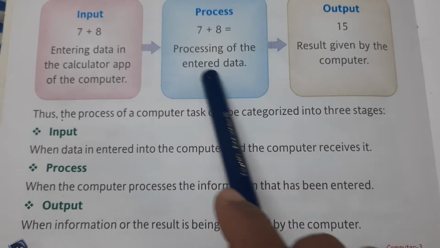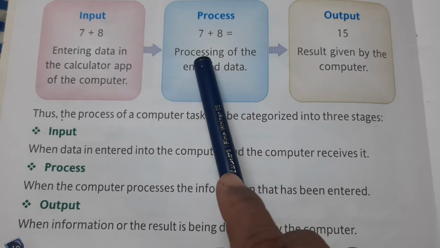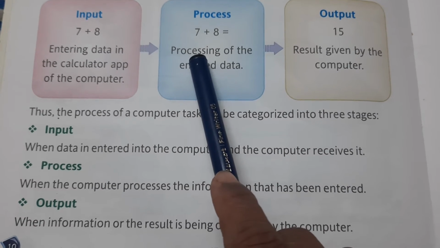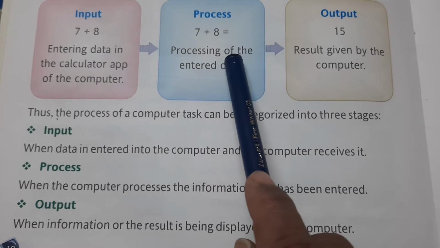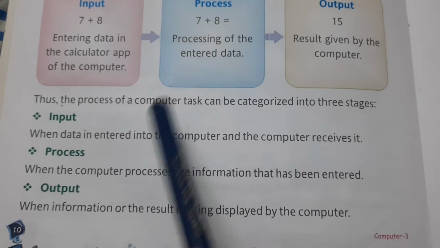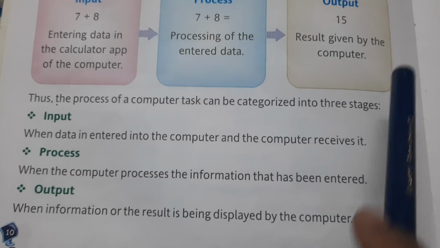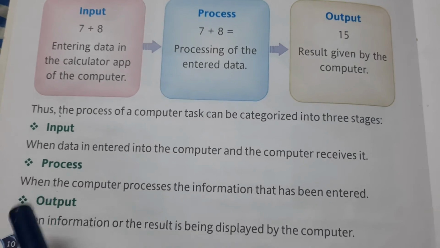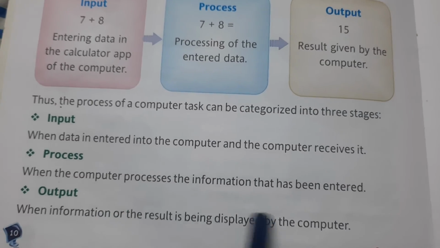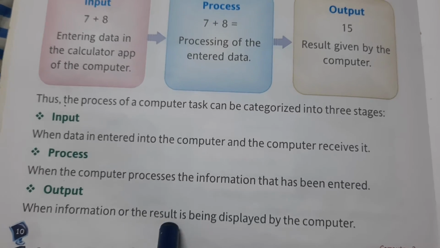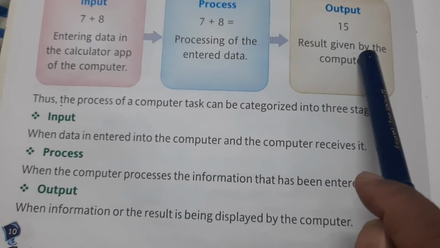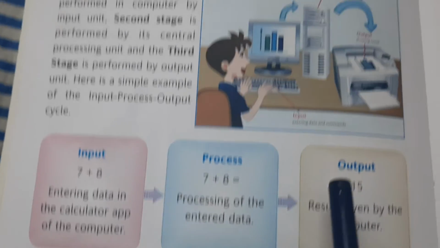Means it is doing what we have given the instruction to do. Okay, as per the commands it is doing the processing. And output, when information or the result is being displayed by the computer, like this. The result is displayed according to whatever the processing is done. Okay, so here the result is displayed. So it is very easy.